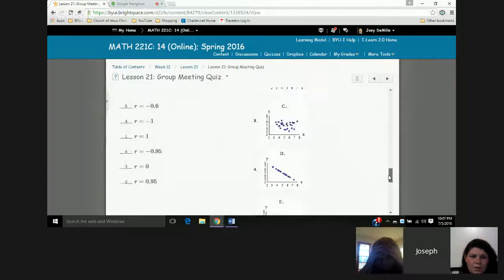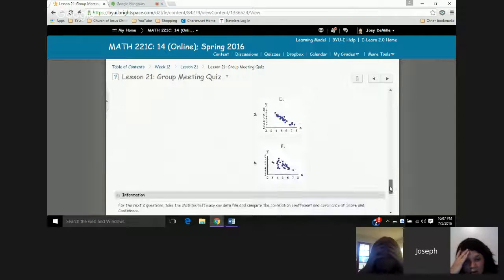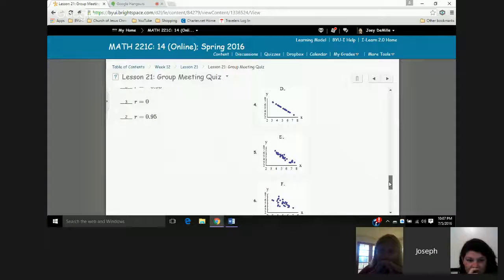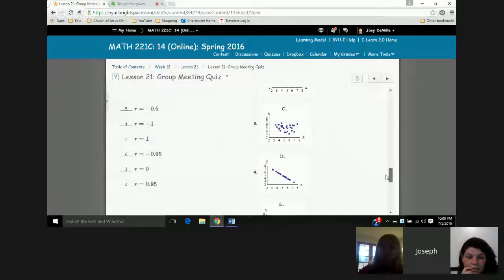Okay, let me go look. I just don't know if ours is the same. Oh, you know what? I think you got, okay, so go down again. Can I just see your bottom one more time? I think I see what it is. C6 I would have put as negative 0.6, and 5 I would have put negative 0.95, and I think that you have those differently. Oh, you're right. You are right.